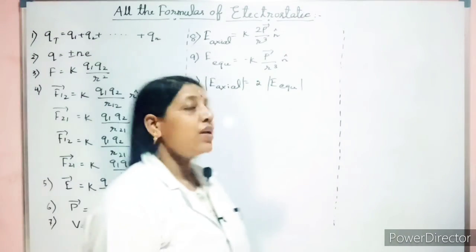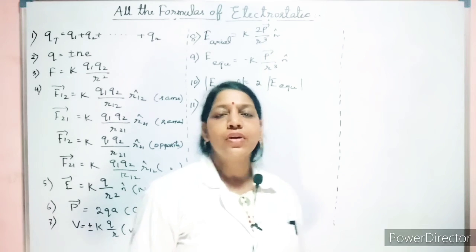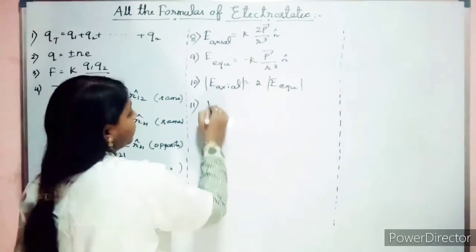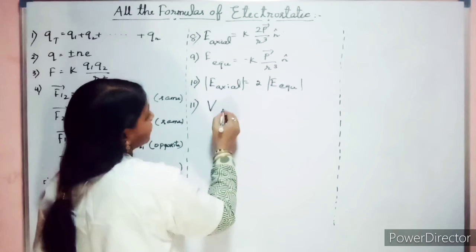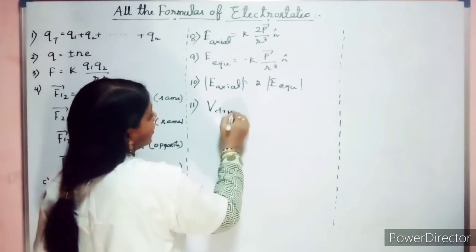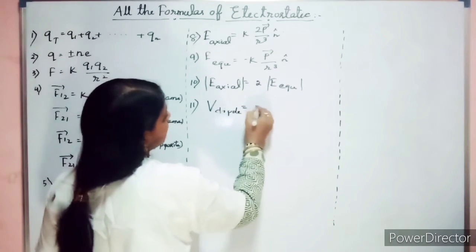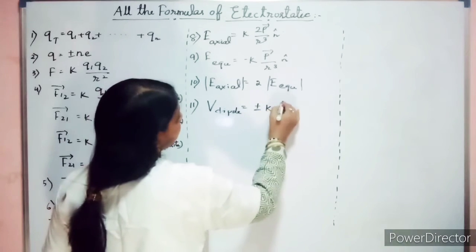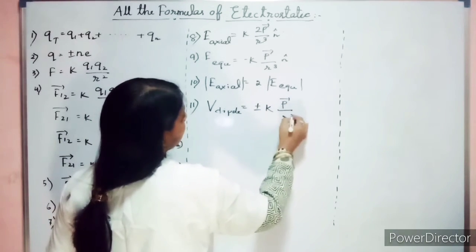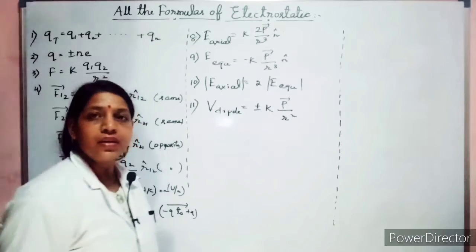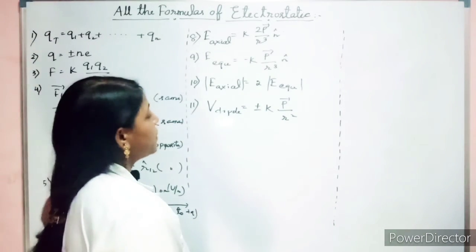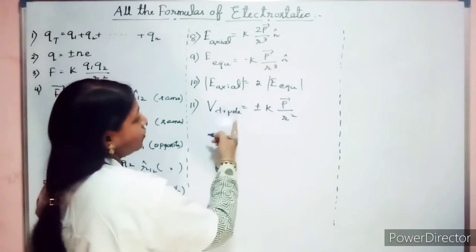Then what about the potential due to a dipole? The potential due to a dipole is equal to plus or minus K p vector by r square, or Kp by r square. So what are you concluding from this?